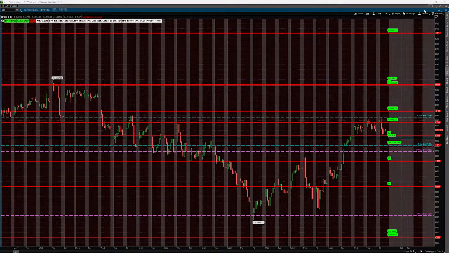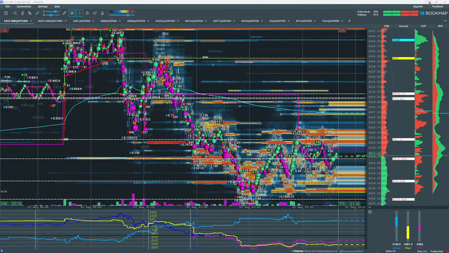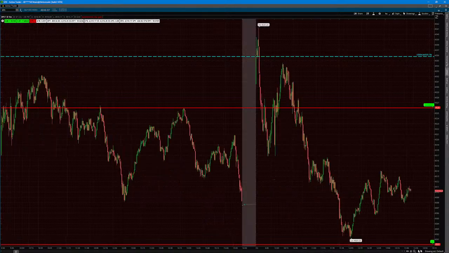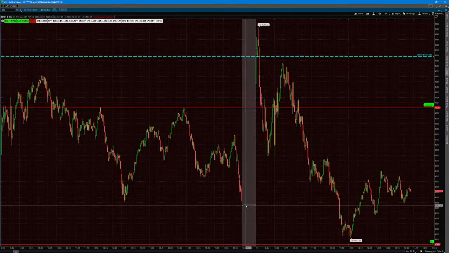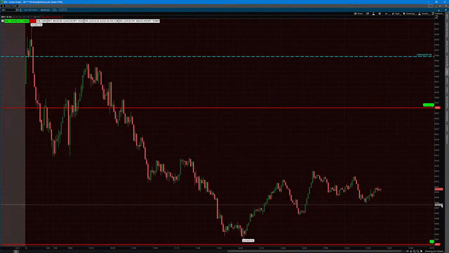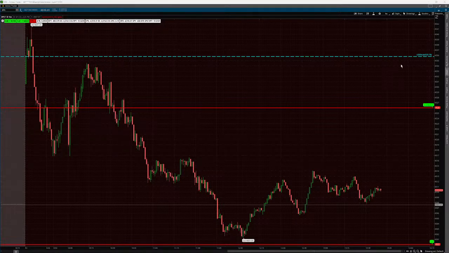Let's take a look at one other SPX chart, just a one-day chart, to get a sense for the levels that are in play for today. So SPX gapped up above its upper daily expected move and very quickly moved lower.